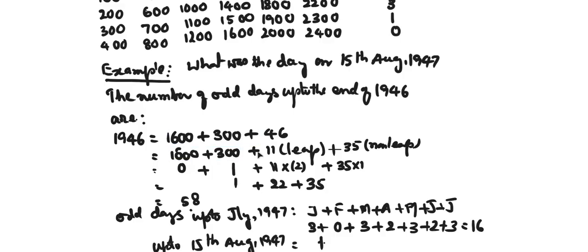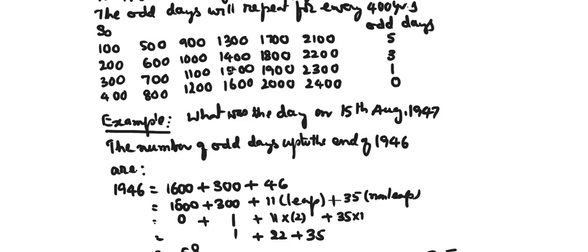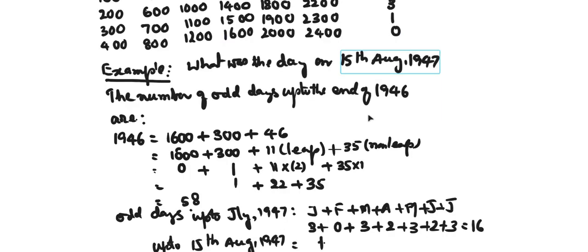In these 46 years, I have 11 leap years and 35 non-leap years, because 46 divided by 4 will give you 11 leap years and the remaining are non-leap years. For 1600 we have 0 odd days because 1600 is divisible by 400.